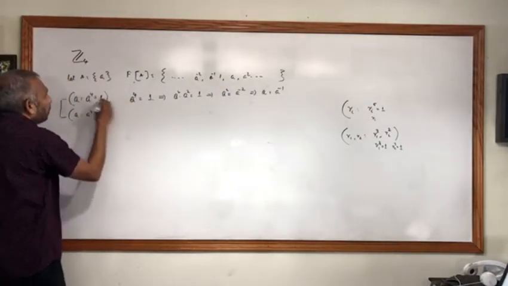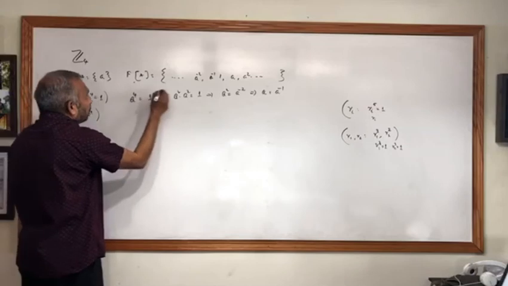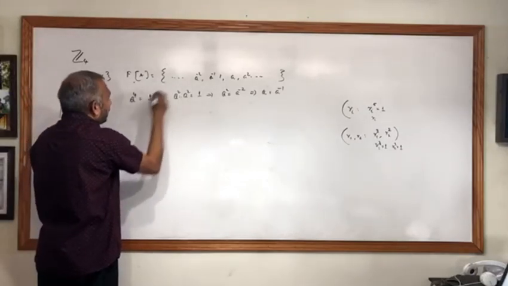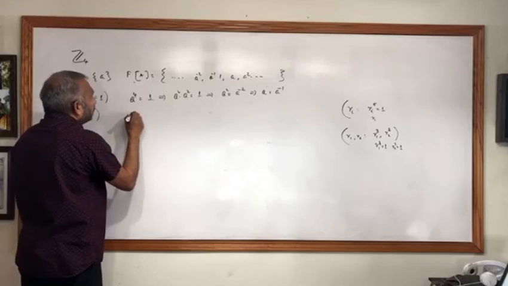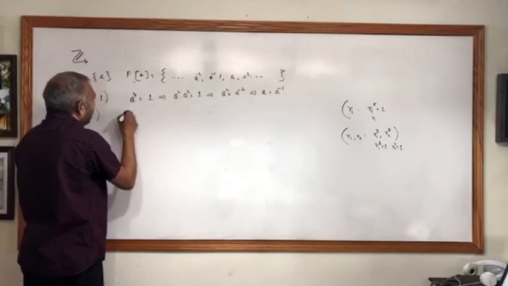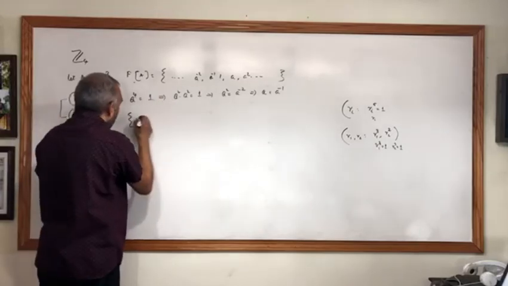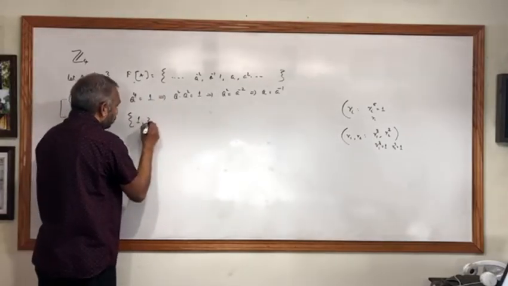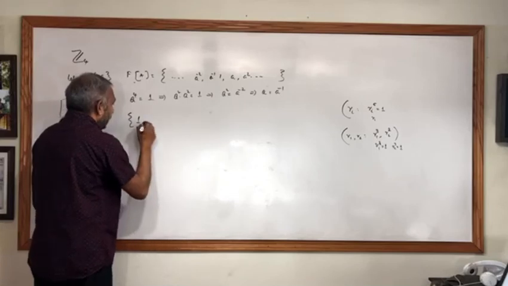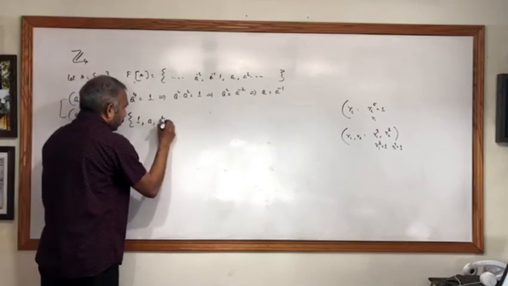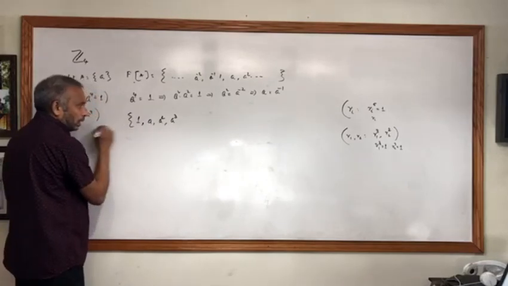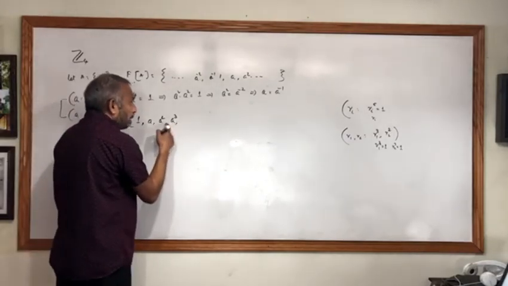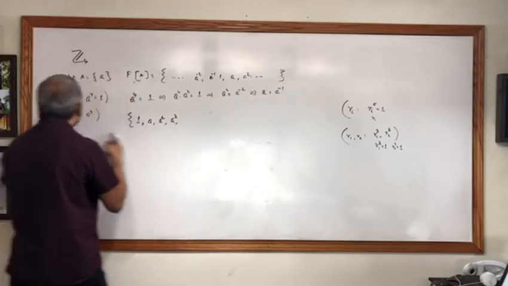Now, how do you really find the group here? The elements from F(A) will be 1, A, A square, A cube. There is nothing on the left hand side because it's all gone. A to the power of 4 will be 1.